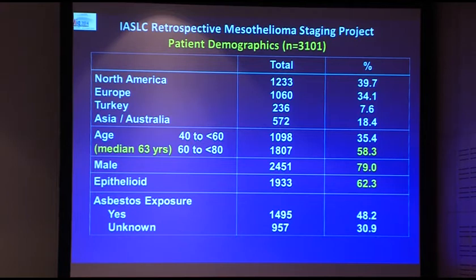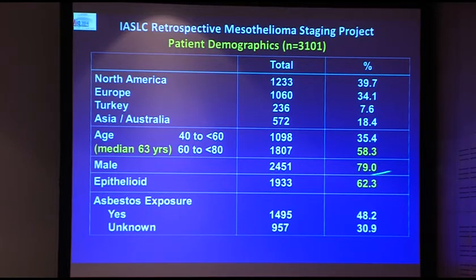These are the patients recruited so far. Turkey's there because I think these slides were first presented in Turkey by Valerie, but that's fine. As you can see, there are over several thousand patients now. The median age, 35% were quite young patients, and 58 over 60.